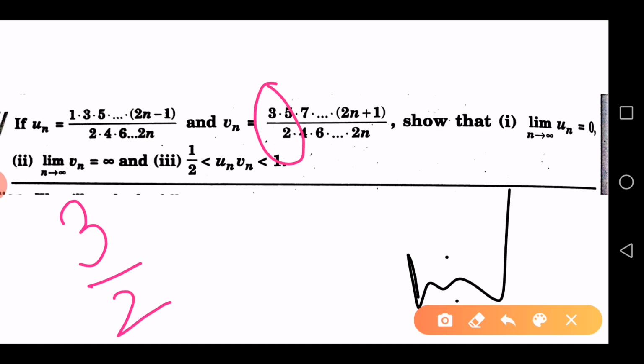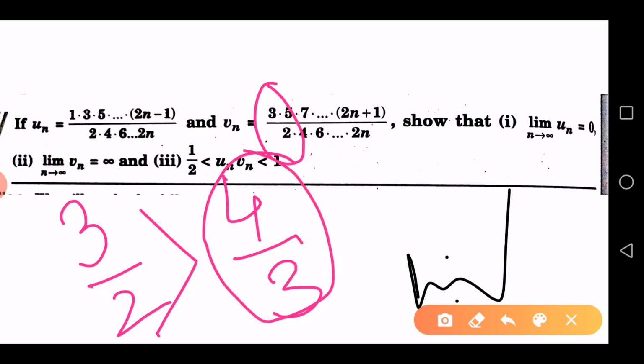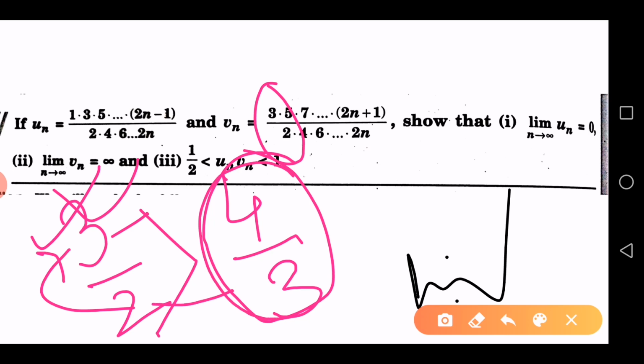If we add 1 to both numerator and denominator, the ratio takes the form 4 by 3. Now 3 by 2 is equal to 1.5, 4 by 3 is equal to 1.3. So the resultant ratio decreases. So if the numerator is larger than the denominator, then by adding 1 to both numerator and denominator, the resultant ratio we obtain will be lesser.